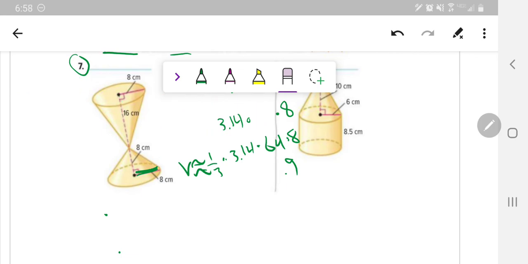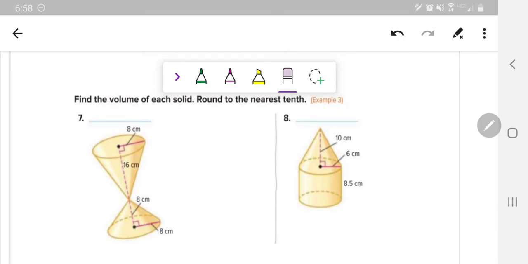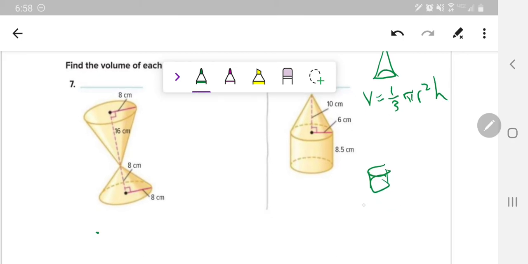All right, in number 8 here, we have a composite solid, and in this case there are 2 different shapes. So we have the cone, which is going to be volume equals 1/3 pi r squared h, and then we have the cylinder, which is going to be volume equals pi r squared h.